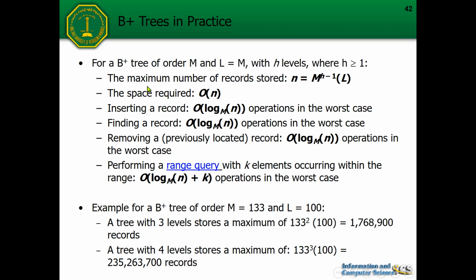Then the last one is the maximum number of records stored, which is equal to M to the power of h minus 1, multiplied by L.